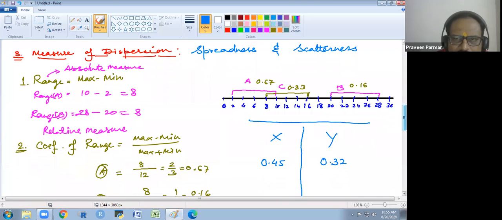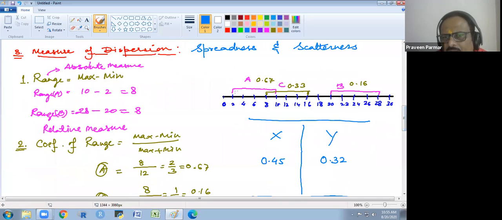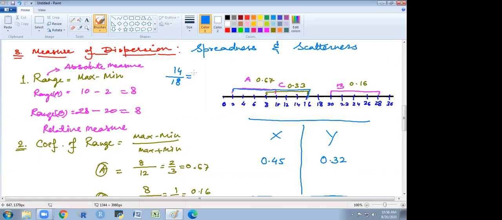But in spite of that, suppose you have data like this, and up to here you take 16 minus 2, what would it be? 14. Divided by 18, what would be the coefficient of range of this? Calculate it. 14 by 18, 0.77.